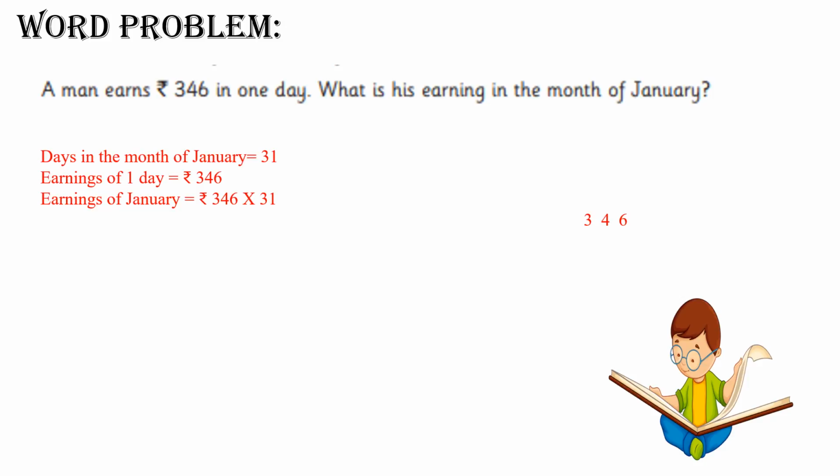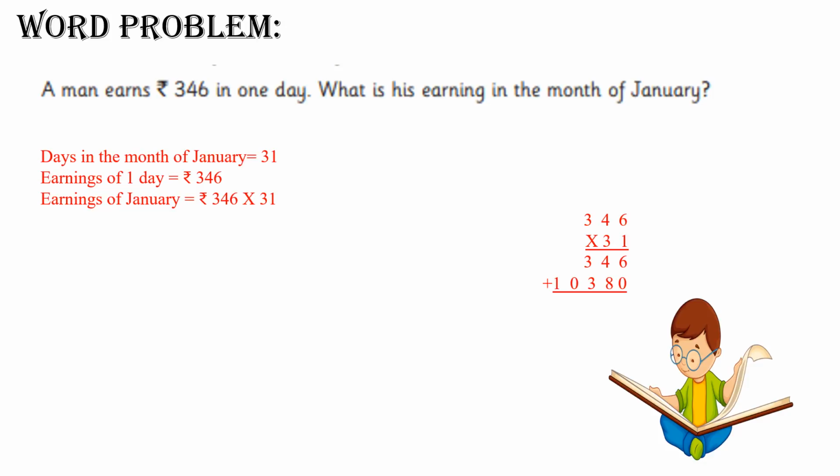So, 346 into 31. So, first I will multiply 346 into 1, which gives me 346. Remember the property? Anything multiplied by 1 gives me the same number itself. Now I'll multiply 346 by 3 tens, which is 30, as 3 is in tens place.